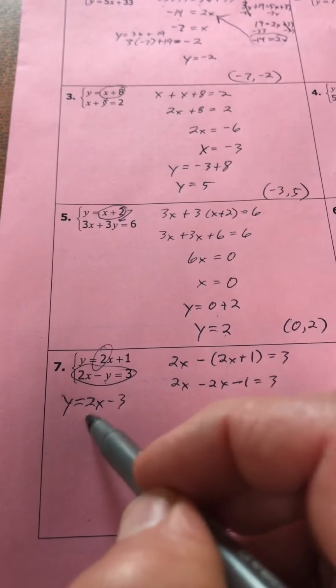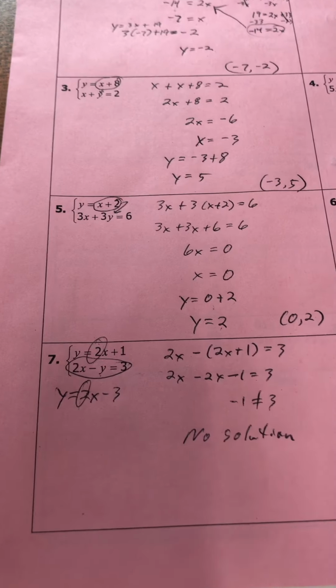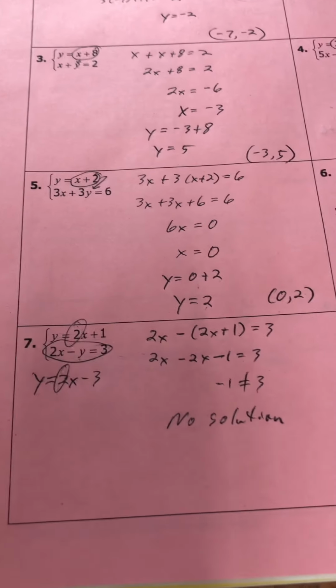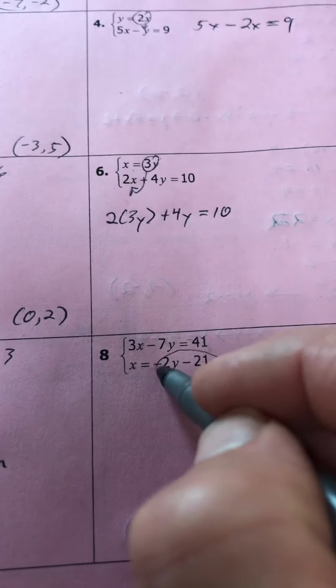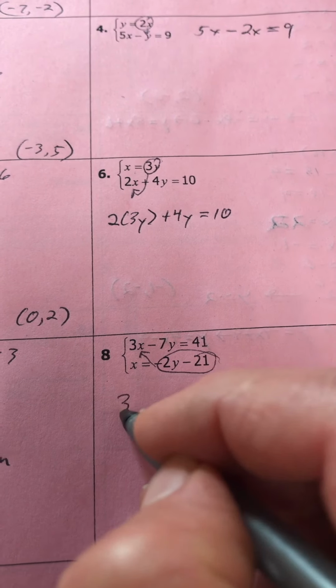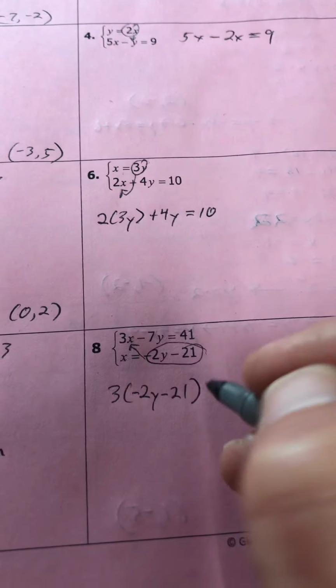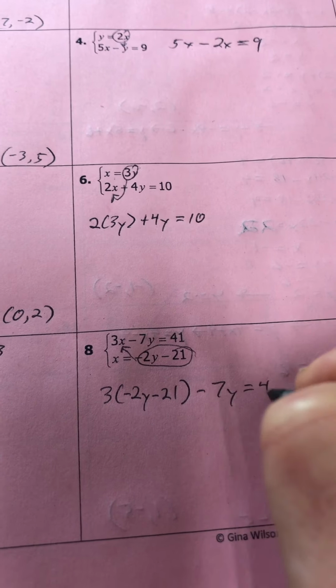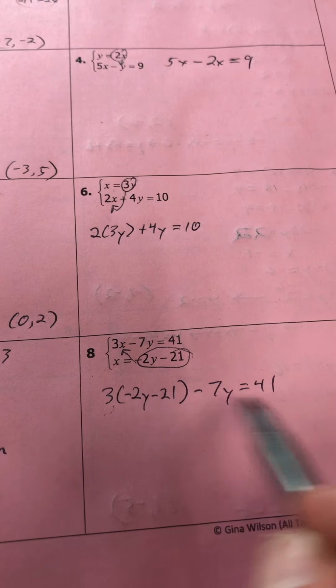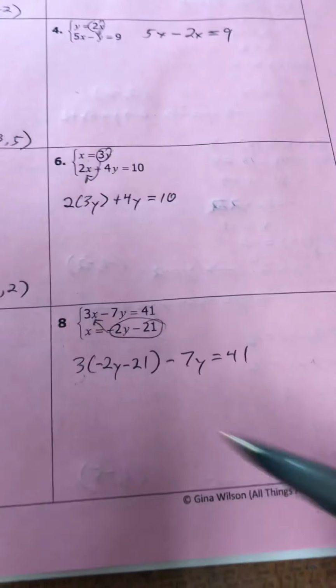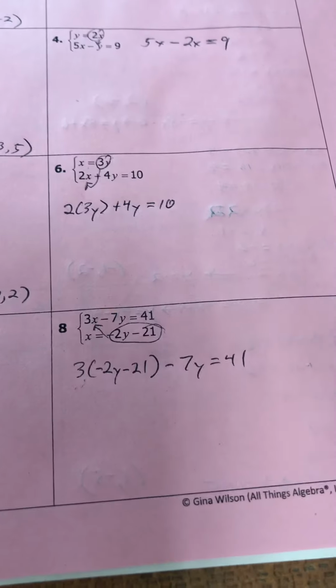This one ends up being y equals 2x minus 3. So once they have the same slope, that means they are parallel to one another. That means no solution. They're never going to cross, in other words. This one, you're going to plug this value in for this x, so it's going to be 3 times negative 2y minus 21 minus 7y equals 41. Use the distributive property, get your y by itself, solve for y, plug it in one of these, and then solve for x.